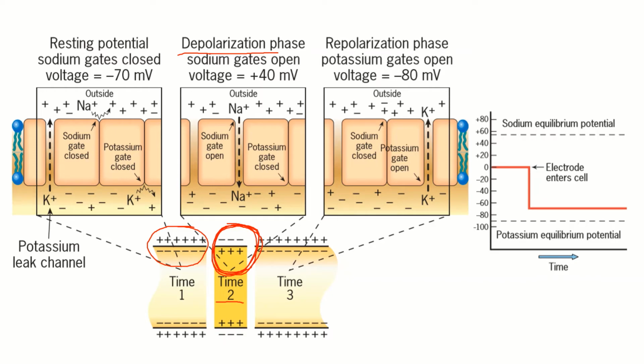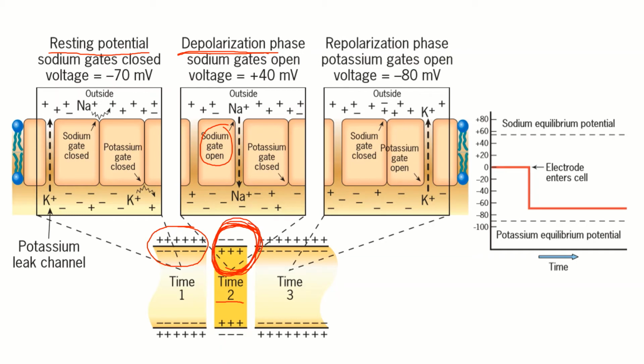In time 1, that's the resting potential, meaning no nerve signal is happening. The key event here is when the sodium gate opens and the sodium ions go into the cell. Depolarization happens because the inner side of the cell membrane now becomes more positive than the outside of the cell.